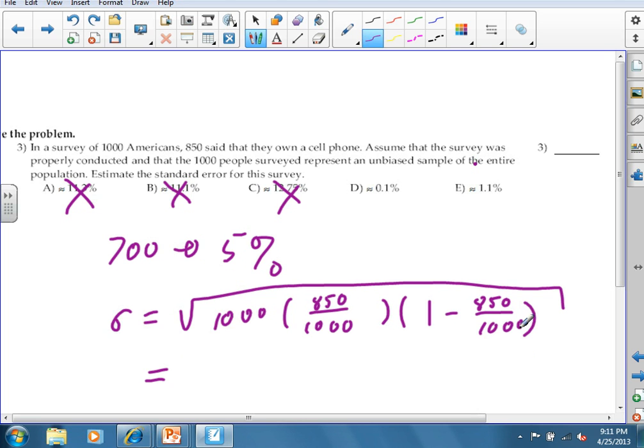Okay. 1 minus 850 divided by 1,000 times 850 divided by 1,000. 11.29. Okay, so this is 11.29.